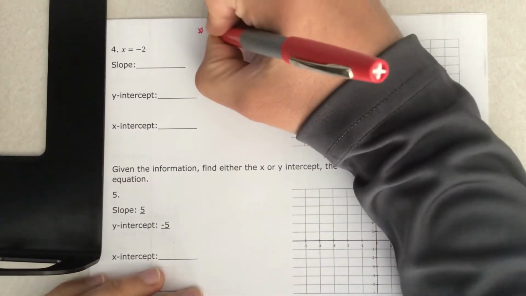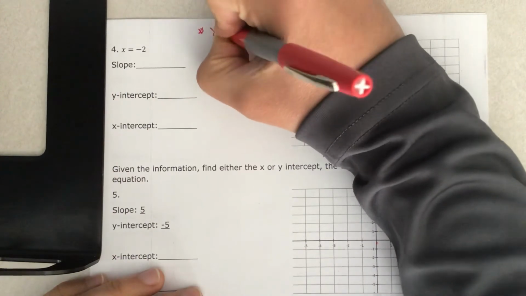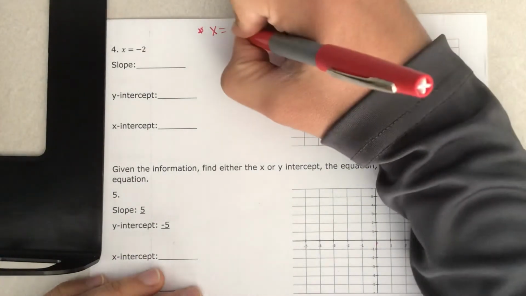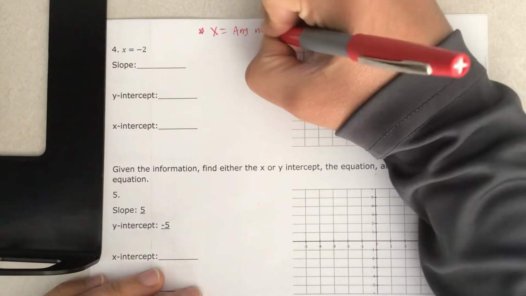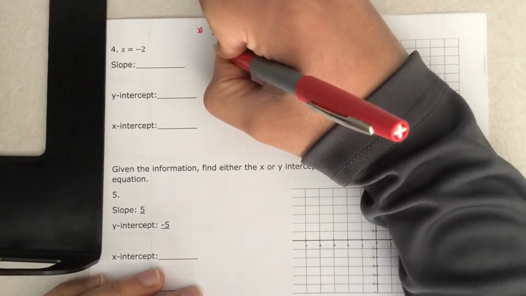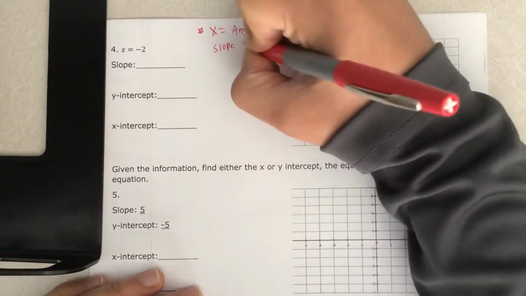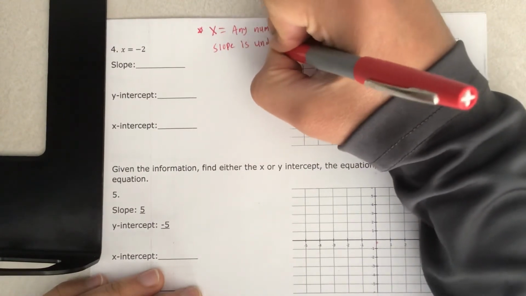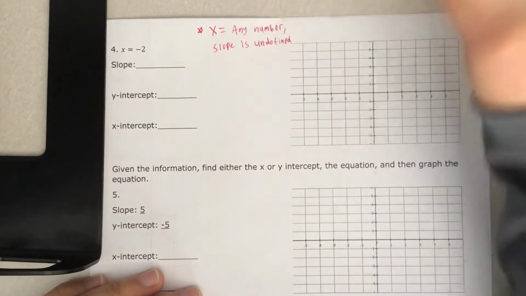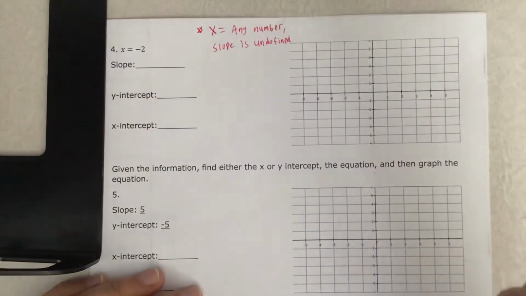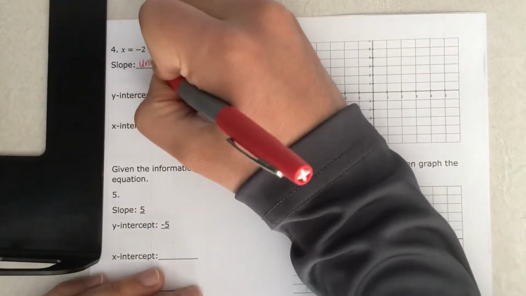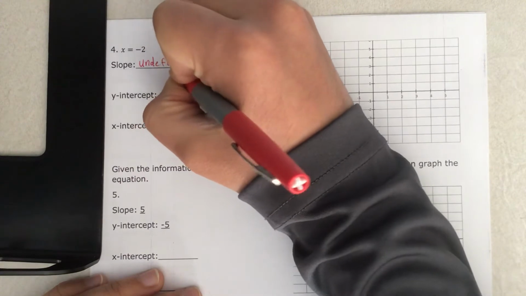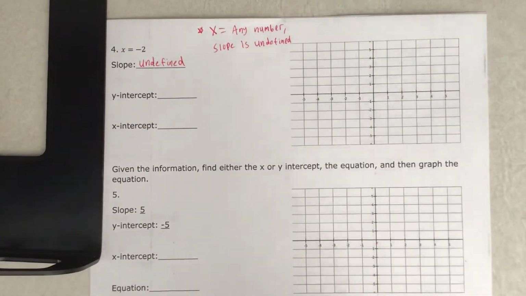So if you have x equals any number, so I'm just gonna write any number, okay? That means that your slope is undefined, okay? So that means the slope of x equals -2 is undefined, okay? Hopefully I remember what that looks like, because we'll get to that later.